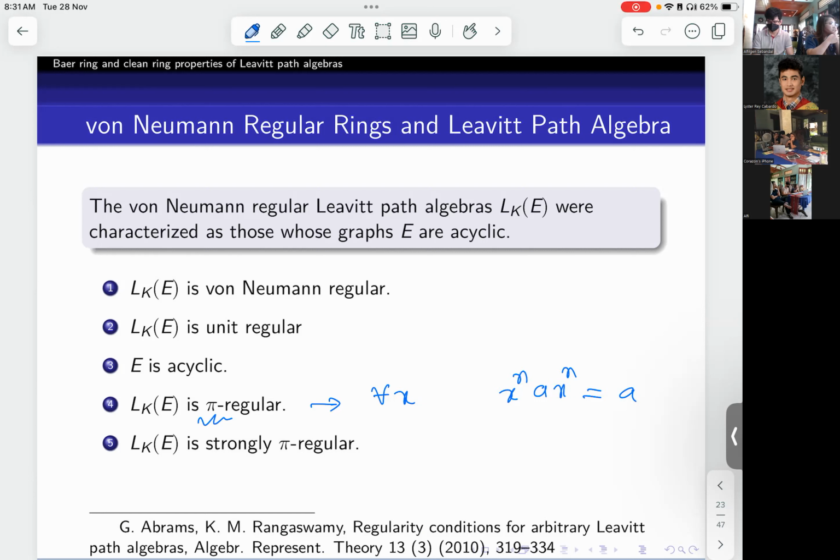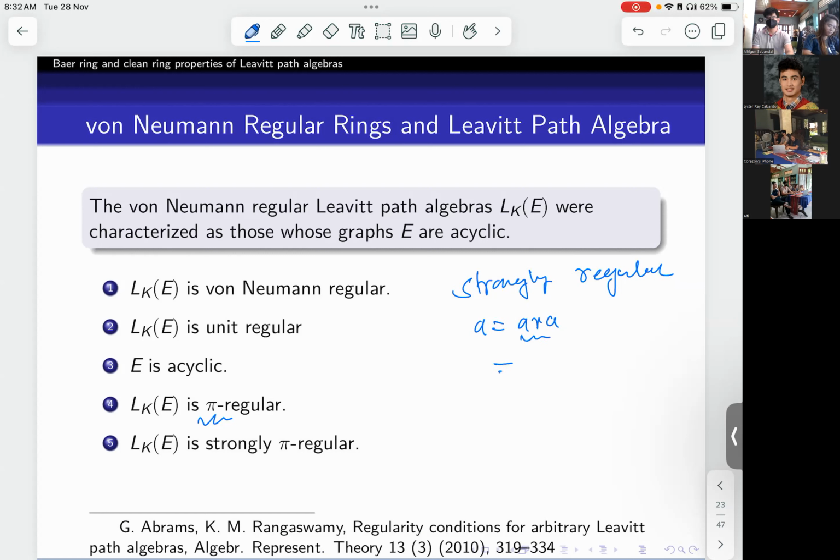And strongly regular means the a was chosen to be axa, and if this a and x commute, then a can be written as a equals a squared x.